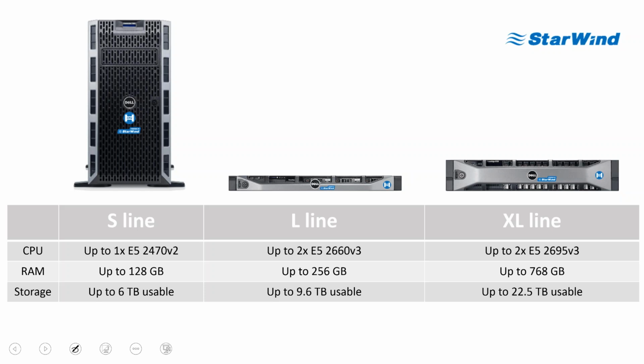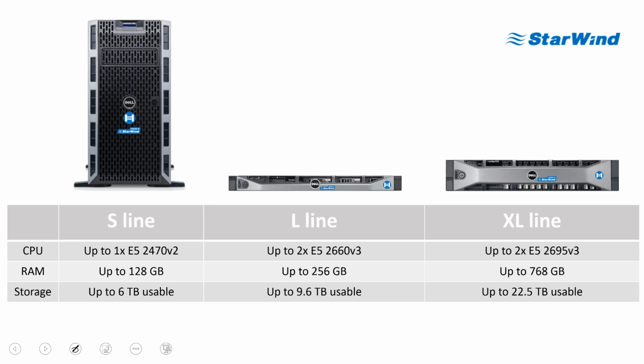So with the small line, towers, for those who don't have a rack or don't need it, or the rack doesn't fit in the environment where the servers are supposed to operate, we have up to 1 2470 V2 CPU, 128 gigs of RAM, and 6 terabytes usable. With the large line, that's our main scale-out unit.